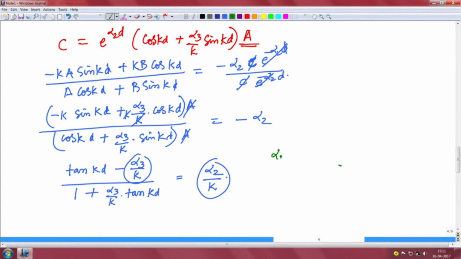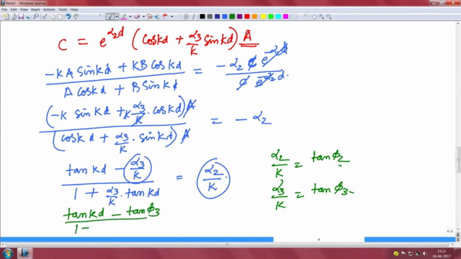I will put alpha 2 by k as tan phi 2 and alpha 3 by k as tan phi 3, so that we have tan kd minus tan phi 3 divided by 1 plus tan phi 3 into tan kd equals tan phi 2.